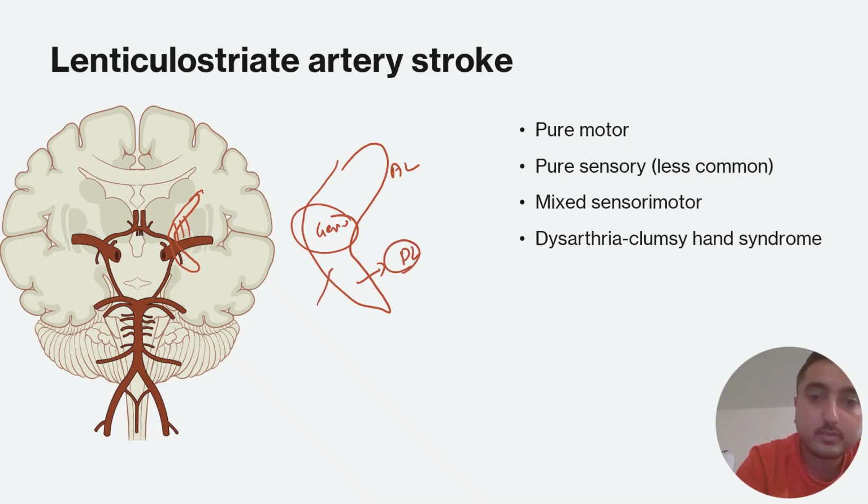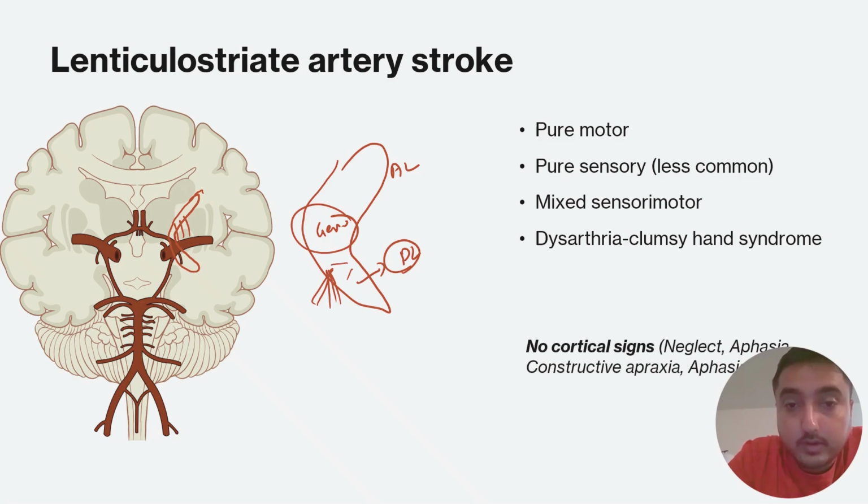All of the motor fibers are concentrated in the posterior limb of the internal capsule before they descend, and the sensory fibers, as they are ascending, are pretty dispersed as they ascend towards the cortex. They don't have a focus like the descending fibers, rather they are dispersed, but they are still present in the posterior limb of the internal capsule.